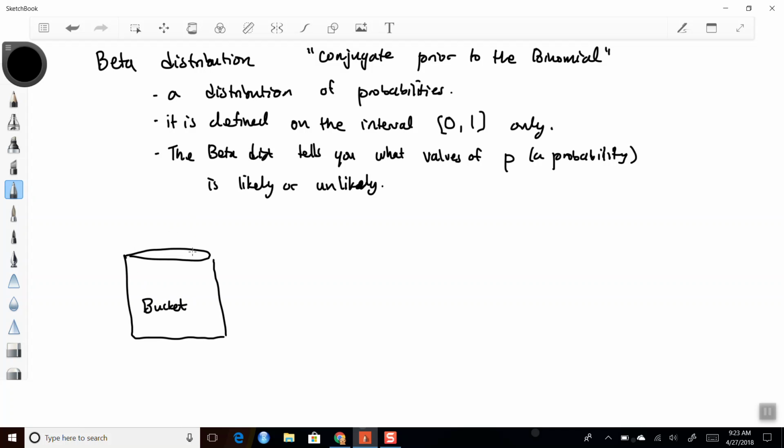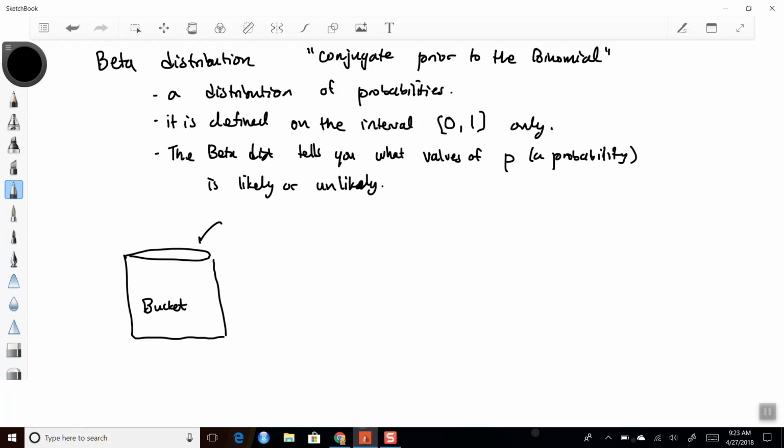So what's possible for the proportions? Almost any value between 0 and 1 is possible here, and that is represented by the beta 1-1 distribution.